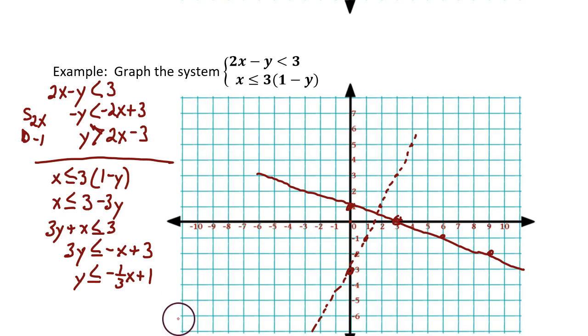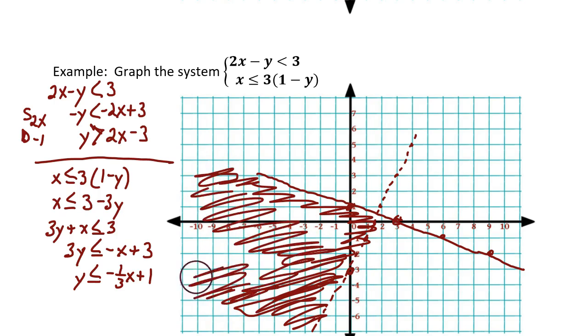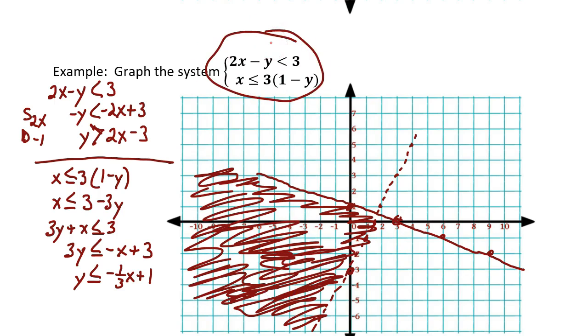What region of space on this grid is above the dashed line and below the solid line? Above the dashed line, but stay below the solid line. That's this region of space. Every dot that we're shading over is a solution to this system of inequalities.